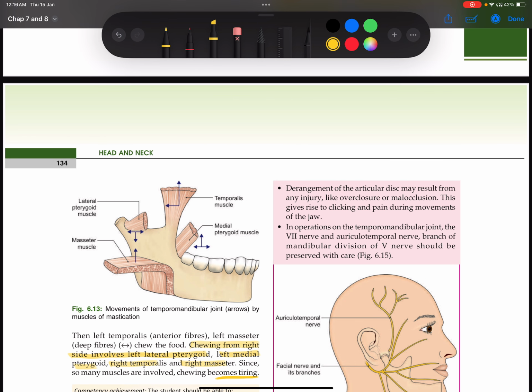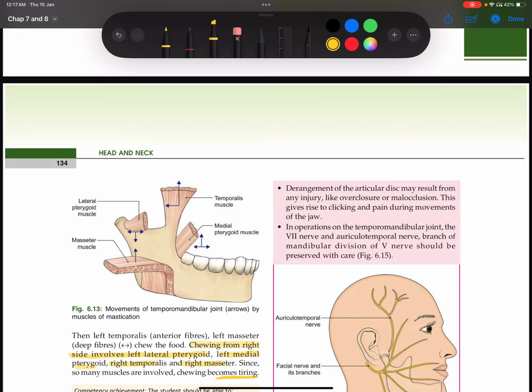Easy. Now, when you talk about mandible protrusion, protrusion is caused majorly by the lateral pterygoid. Everything that makes you look bad is done by the lateral pterygoid. The protrusion is done by the lateral pterygoid, and also the depression, like if you open your mouth. Also, a slight bit of protrusion is done by the medial pterygoid.